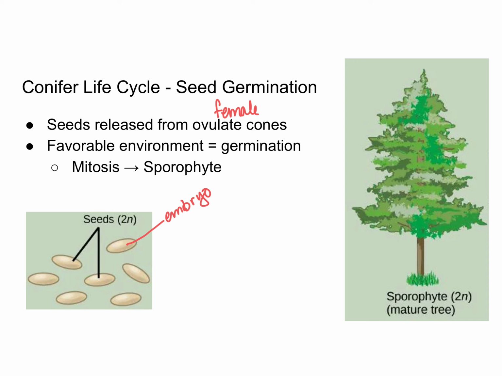And germination just refers to mitosis occurring. So this embryo is just going through mitosis again and again. And ultimately, those cells are going to start differentiating until they form the sporophyte. Remember that in conifers, the sporophyte is this tree. So basically, the whole tree is the sporophyte. And then the cones on the tree contain the gametophyte.